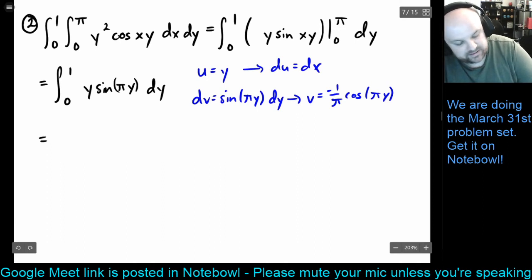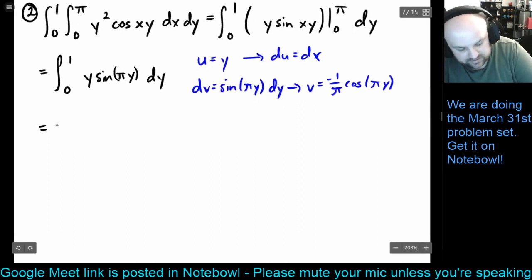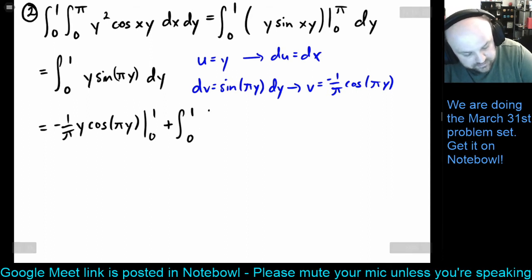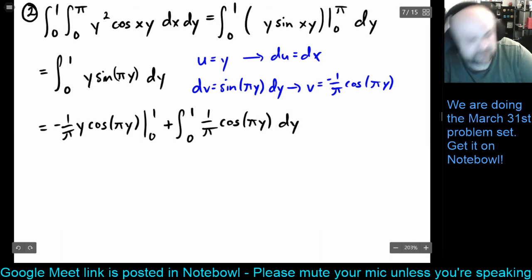So when we integrate this, we have u times v, so minus 1 over pi y cosine of pi y, from 0 to 1. And then we would have minus v du. So this negative here, I'm going to pull out and make a plus here. From 0 to 1, v du, so just 1 over pi cosine pi y dy.